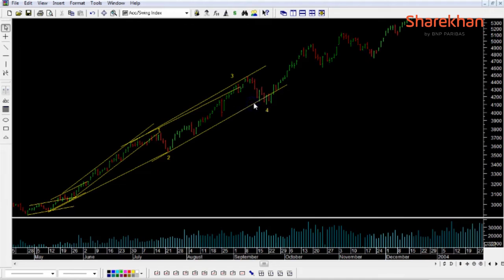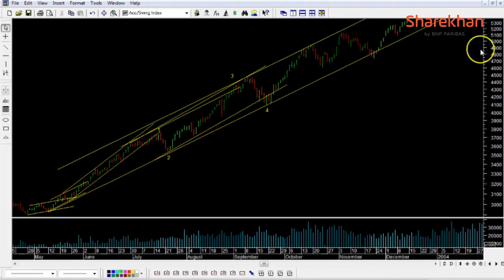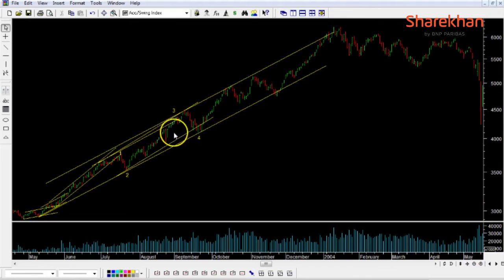So that's what has followed. Also, once we take the most important trend line that includes all the price action for this pattern, you can also project the fifth and final wave for this entire move.